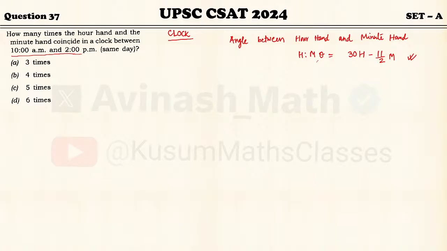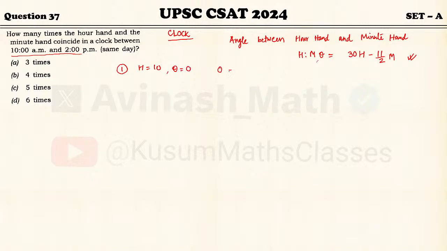Now the question is actually asking how many times the hour hand and minute hand will coincide between 10 a.m. to 2 p.m. So case 1, take h as 10 and theta is 0.